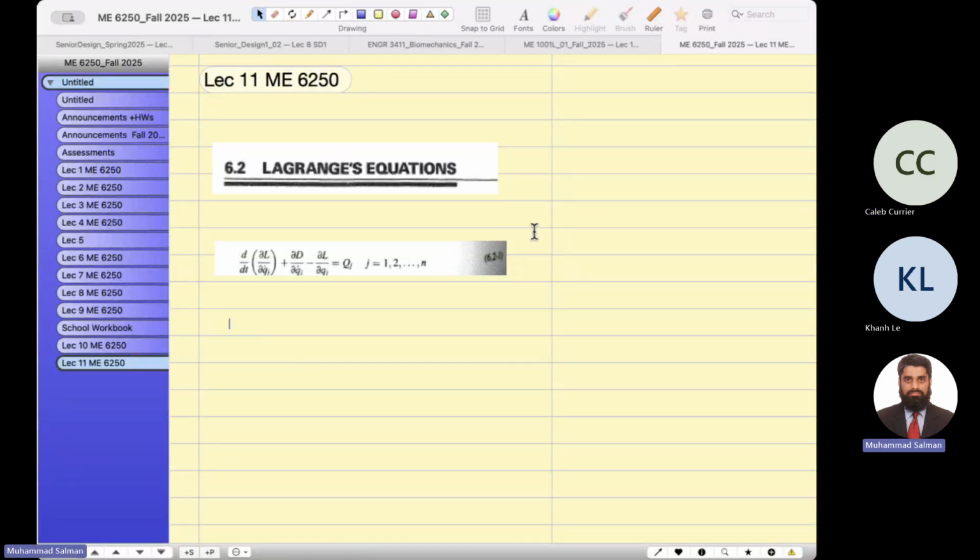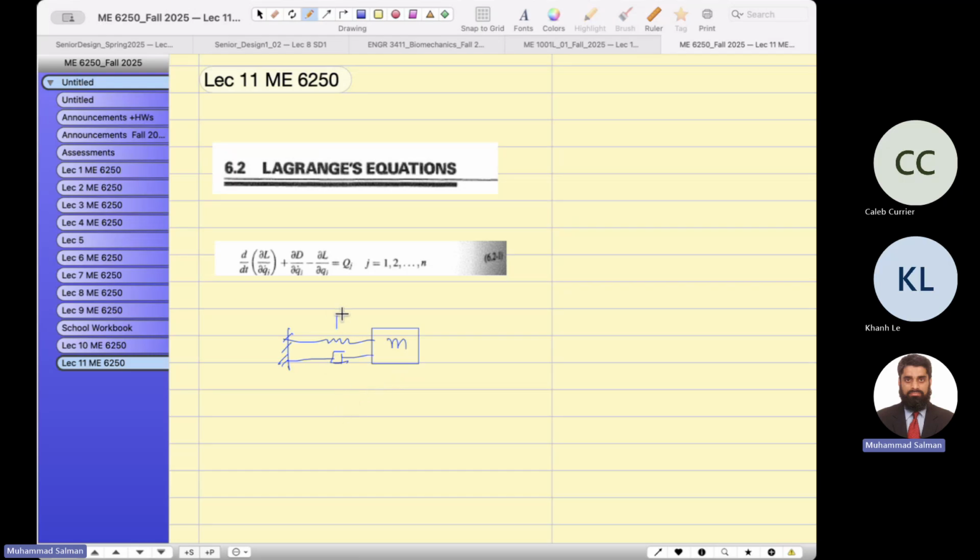Okay, thank you. So look, suppose this is a mass. I'm giving you an example of how to do Lagrange's equation of motion. For example, this is the mass and it is attached with a spring and also with a damper. How are we going to model this system?